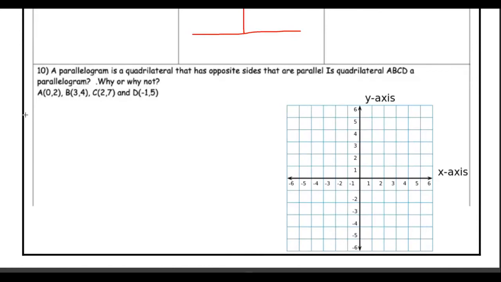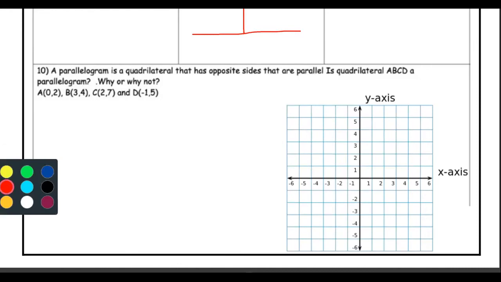Why or why not? And then they give us the coordinates of all the points for A, B, C, D. Now, you don't necessarily have to plot the points and see the parallelogram to do this problem, but I like to have a visual, and there's a grid provided, so why not?